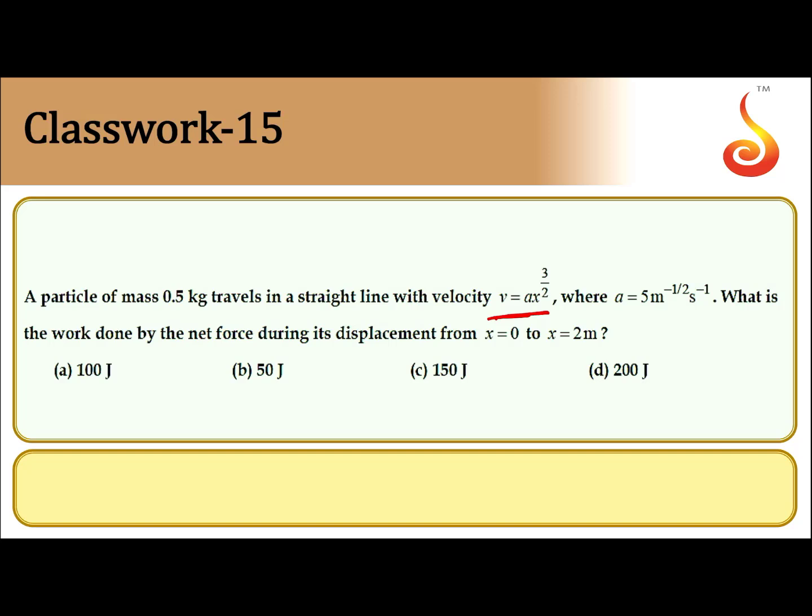Now work done again is integral F dx. So to get this I need the acceleration, and I can find the acceleration because the velocity is given. Let us see how to do this. Velocity is equal to a x^(3/2), and you know you can write acceleration as dv/dt, or I can write v dv/dx, anything is fine.